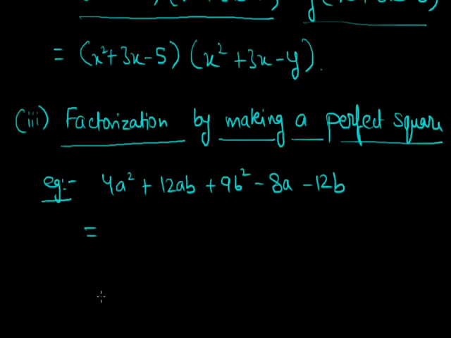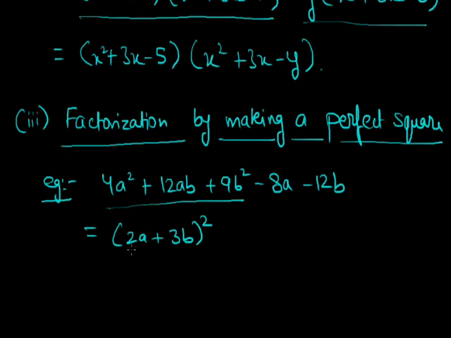Now we need to make it in the form of a perfect square. If you observe here, this 4a square plus 12ab plus 9b square, if we combine these terms, it will actually become 2a plus 3b whole square, because it is in the form of a plus b whole square.